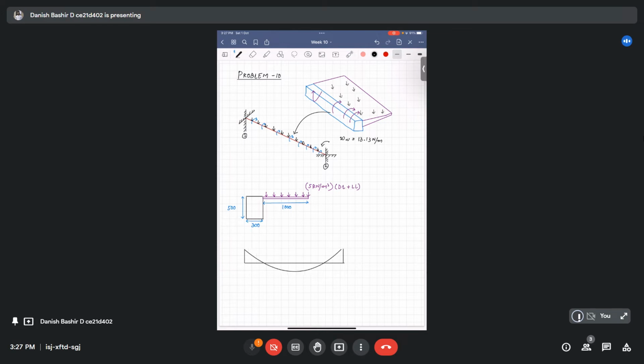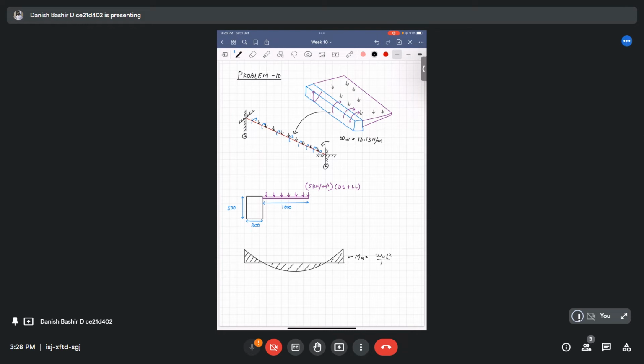We will have moment Mu here as wu l square by 12.